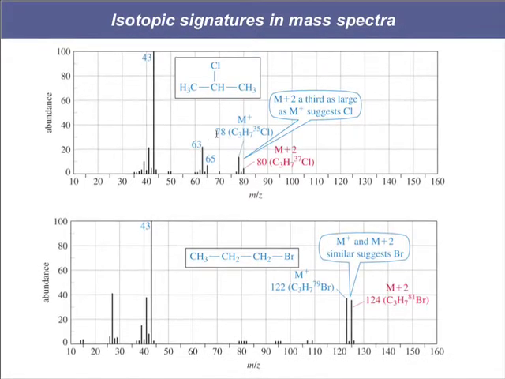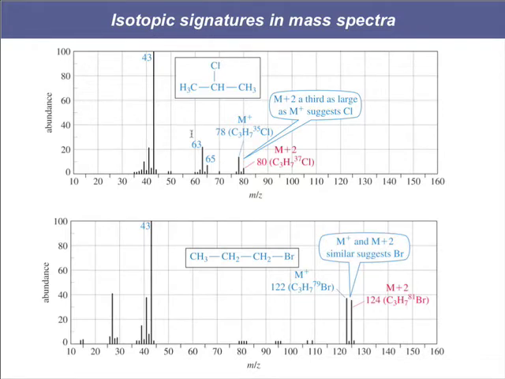Our parent is 78. What is 63 compared to 78? 63 is 78 minus 15, and a methyl group is 15. So 63 is what we get from our parent if we lose a methyl group. But notice that what's left has the chlorine on it.